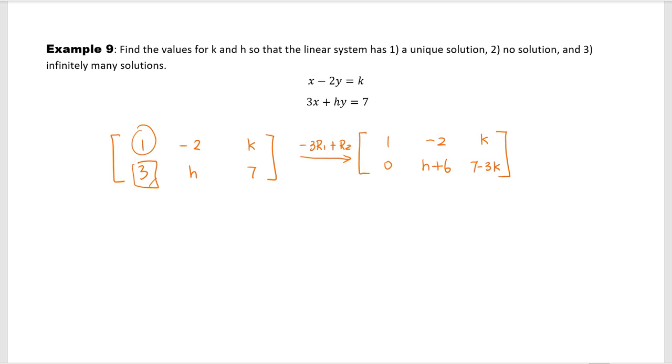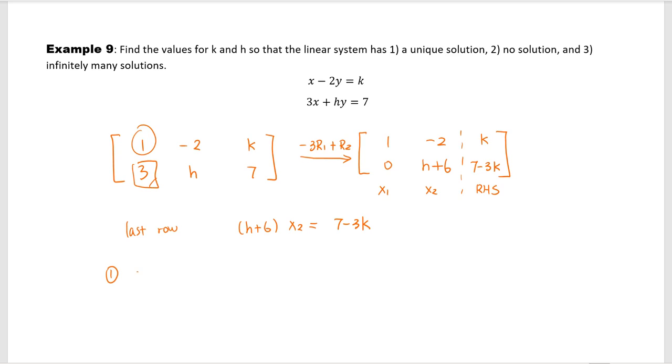Is that okay, everyone? So this is x1, x2, and this is the right-hand side. The last row tells us that h plus 6 times x2 equals 7 minus 3k.